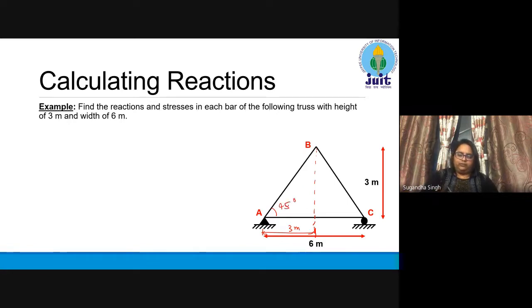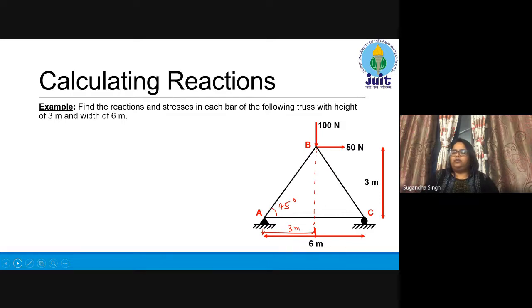The truss is subjected to a vertical load of 100 Newton at joint B and a horizontal load of 50 Newton at joint B. Based on this information, we need to find out the reactions.